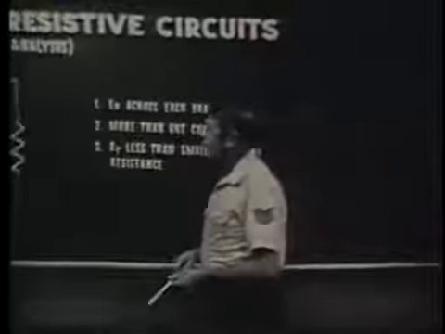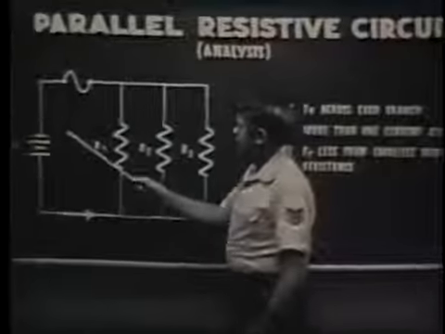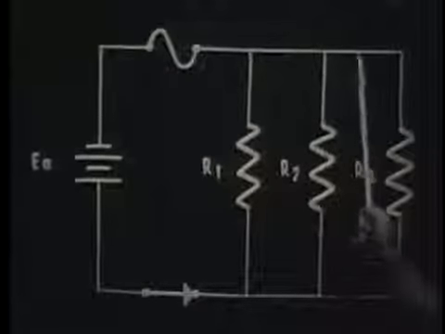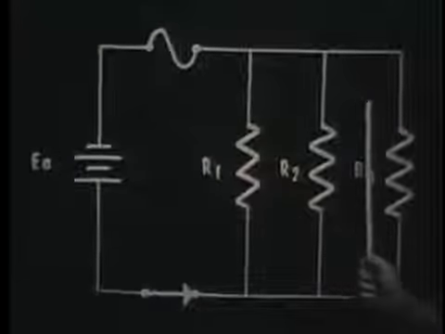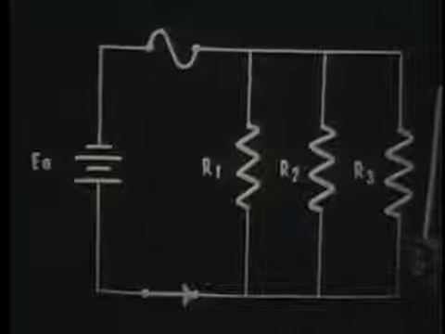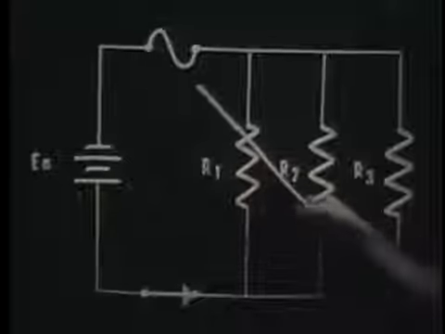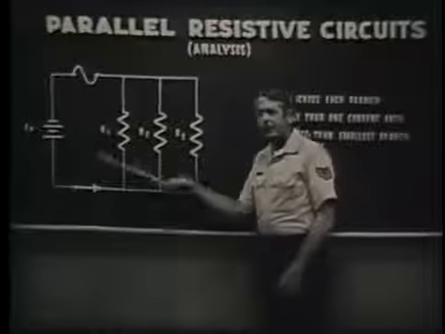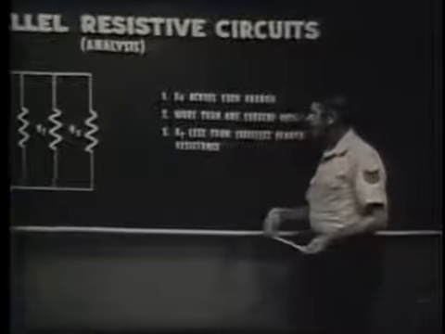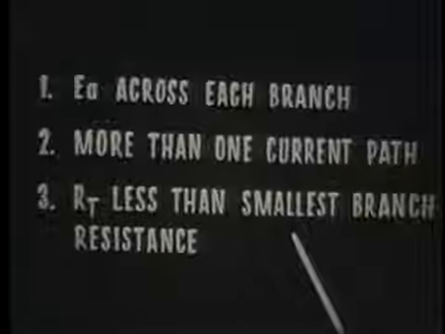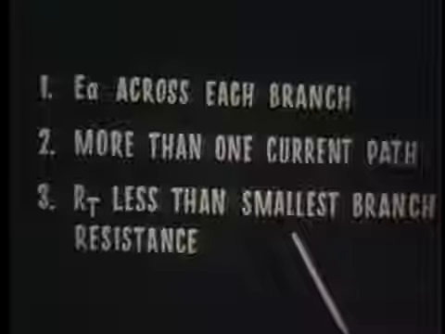Now remember, when we talked about current flow in a parallel circuit, we said that the total current divides among the various branches. If we add more resistors, we decrease total resistance and increase this total current flow. Let's also remember that in a parallel circuit, total resistance is always less than the smallest branch resistance.